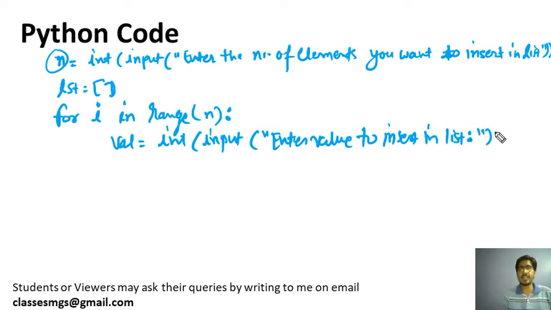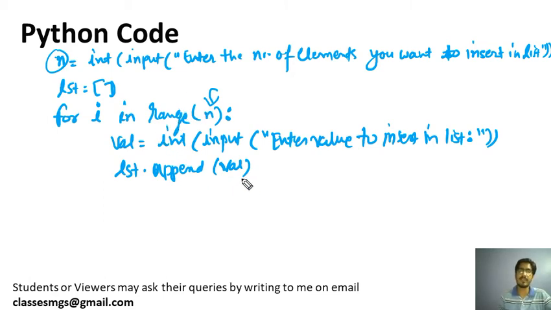Then you will append it into the list. List dot append will add this particular value in the list, and it will keep on adding up to what the user wants. Let's say the user wants 5 values, then this loop will execute 5 times, and these 5 values will be inserted in this list variable.